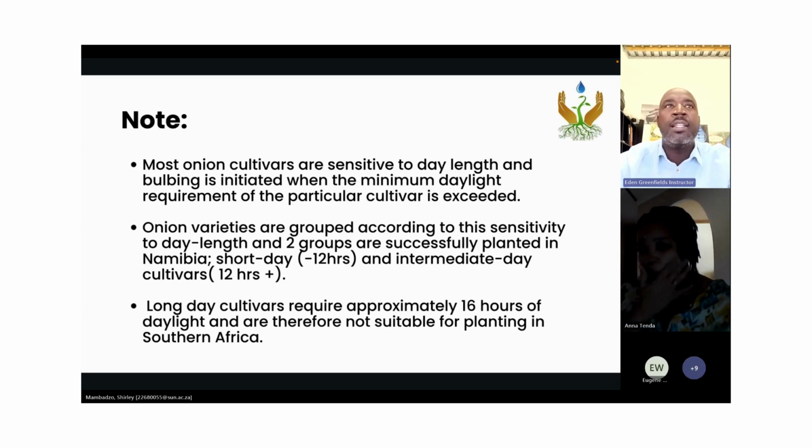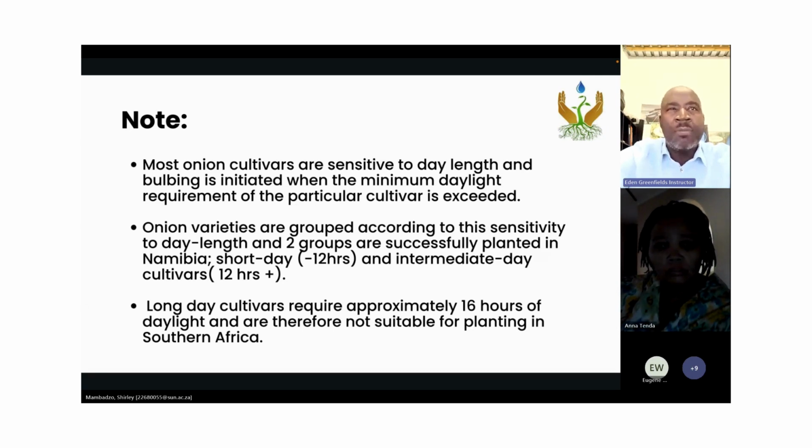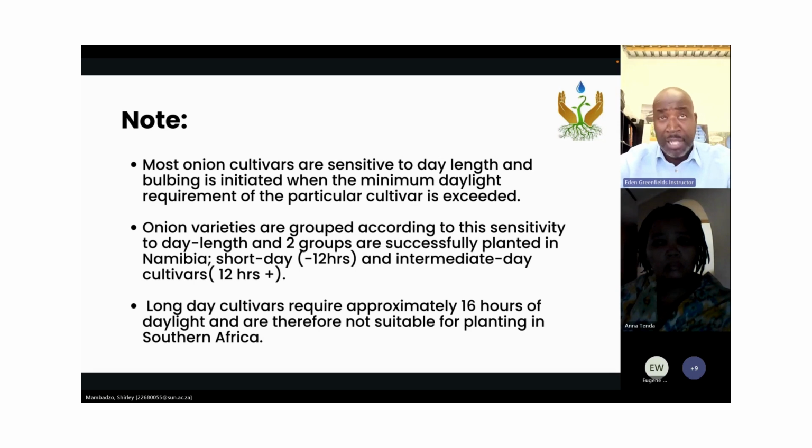The sun comes up early, then it sets very late. So there you can either have your short day or you can go into the intermediate cultivars. But most of our growing in Namibia in all the regions favors the short day cultivars, which means we are looking at a maximum of 12 hours there.